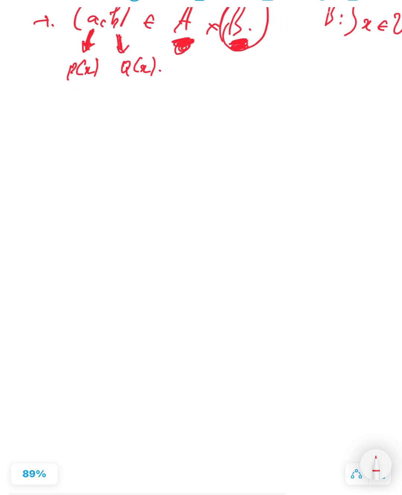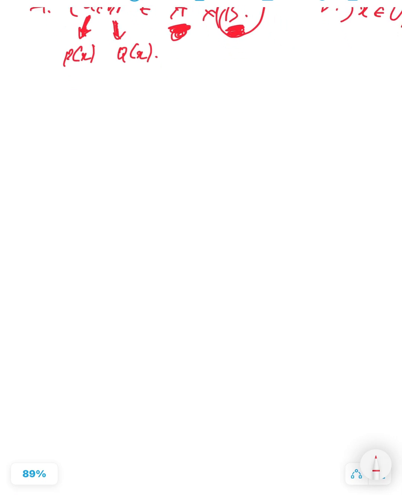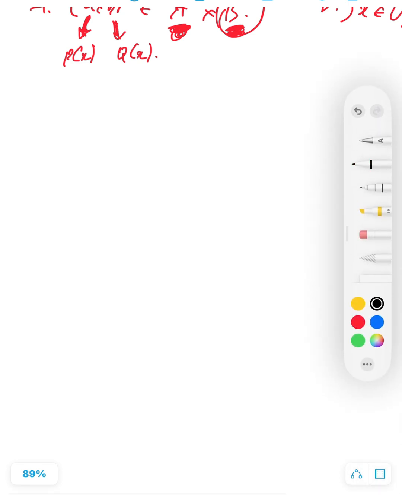So from the stage that we're currently in, there's still no interaction between the coordinates A and B. They happen to stay within this box independently.